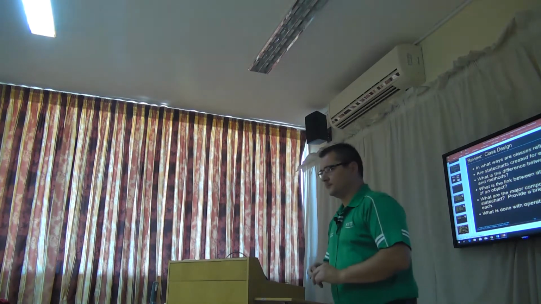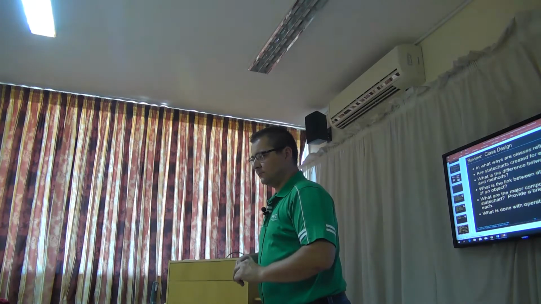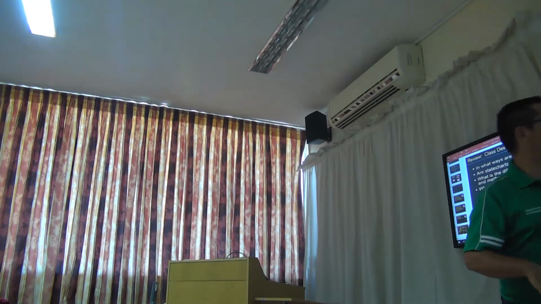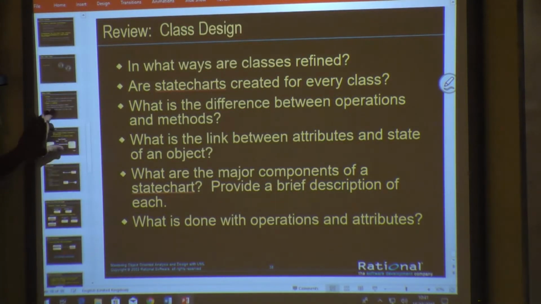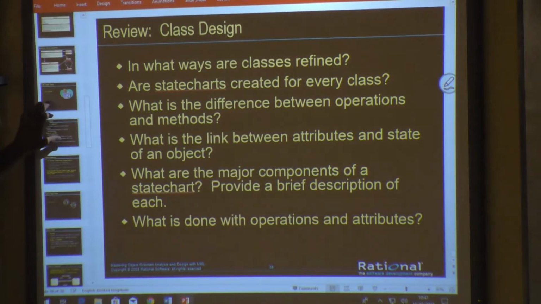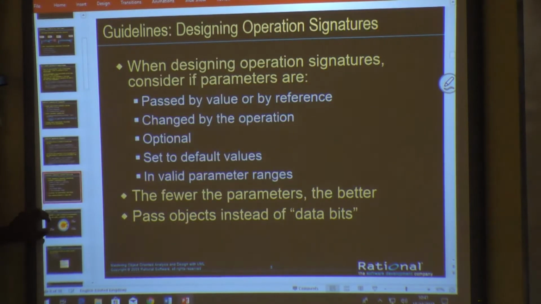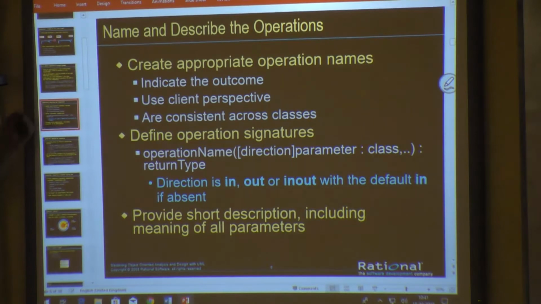Yes. Can you explain to me the get balance? Okay, earlier on, let's just go back to it. We had the discussion, just to come back to it, on how we name operations. We should indicate the outcome.